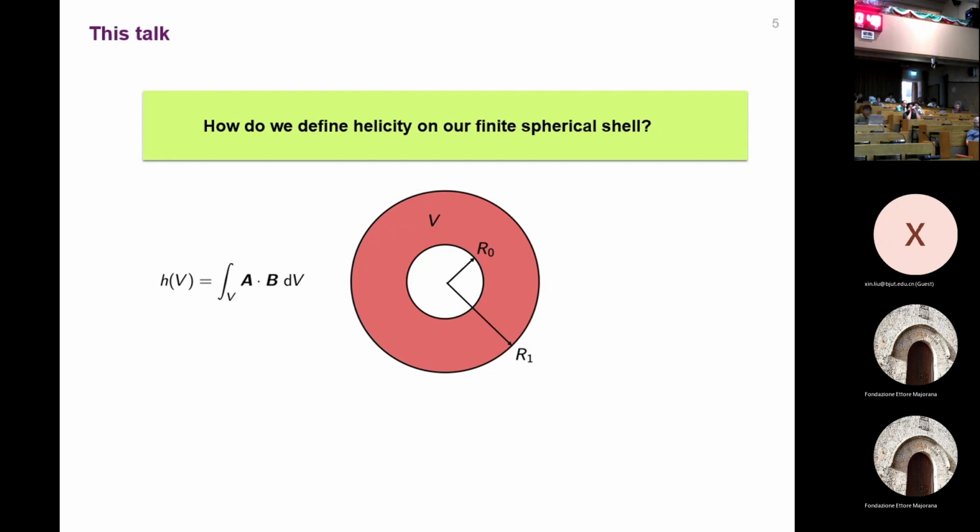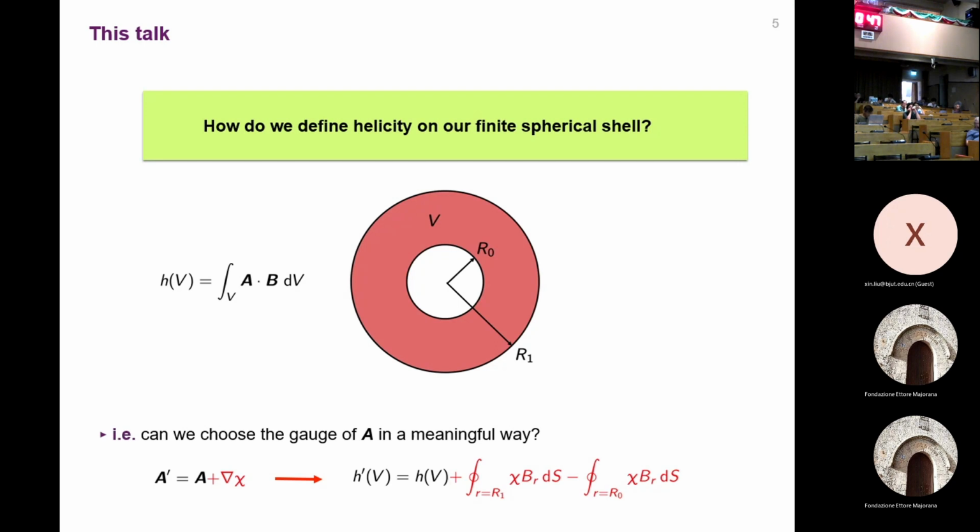In the real sun, the magnetic field lines come out of the sun and head out of the top. So you don't have this tangential condition on these boundaries. And so the helicity is gauge dependent, and it changes according to this boundary integral. So the question is, how do we choose which gauge to use?